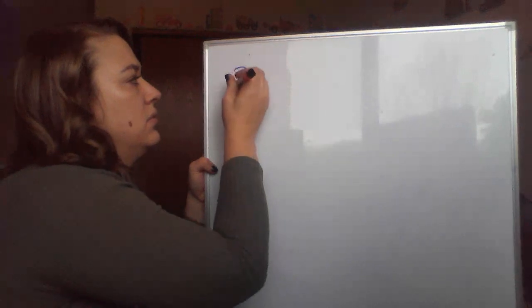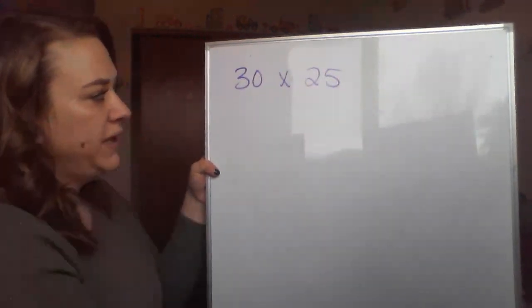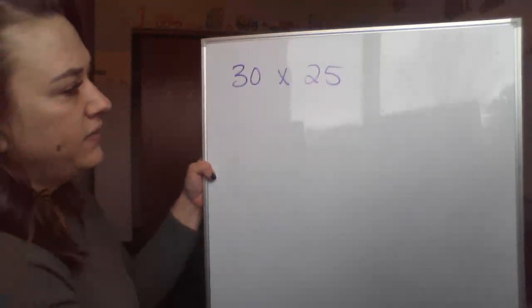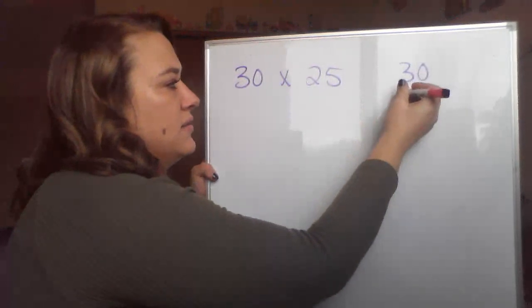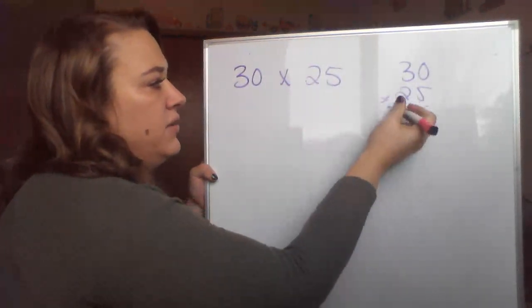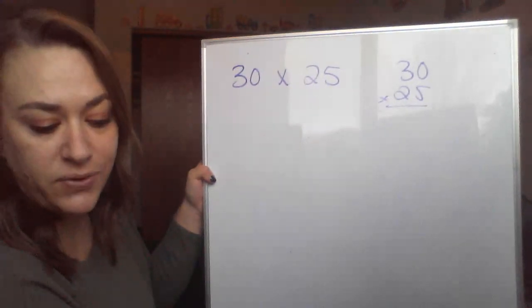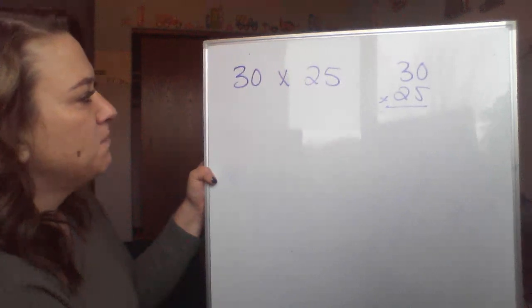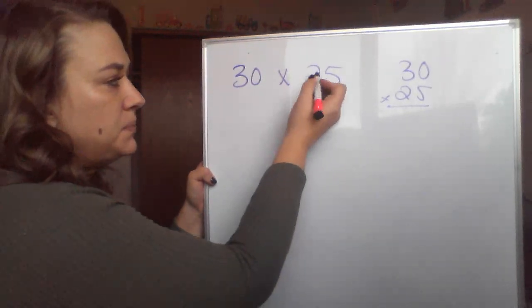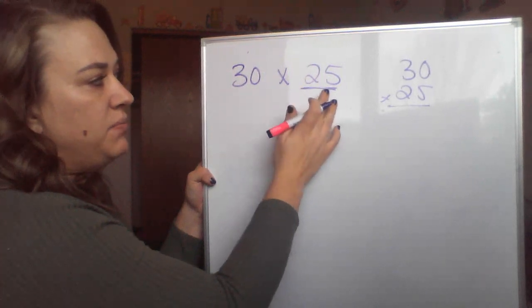So our first problem is going to be 30 multiplied by 25. Okay. So 30 by 25, if we were to set that up in that standard algorithm, it would look like this, which might look a little confusing right now, but you're going to be able to do that before you're done with 4th grade, okay? So for us to set up our area model, I'm going to break apart my number that has value in both place values.